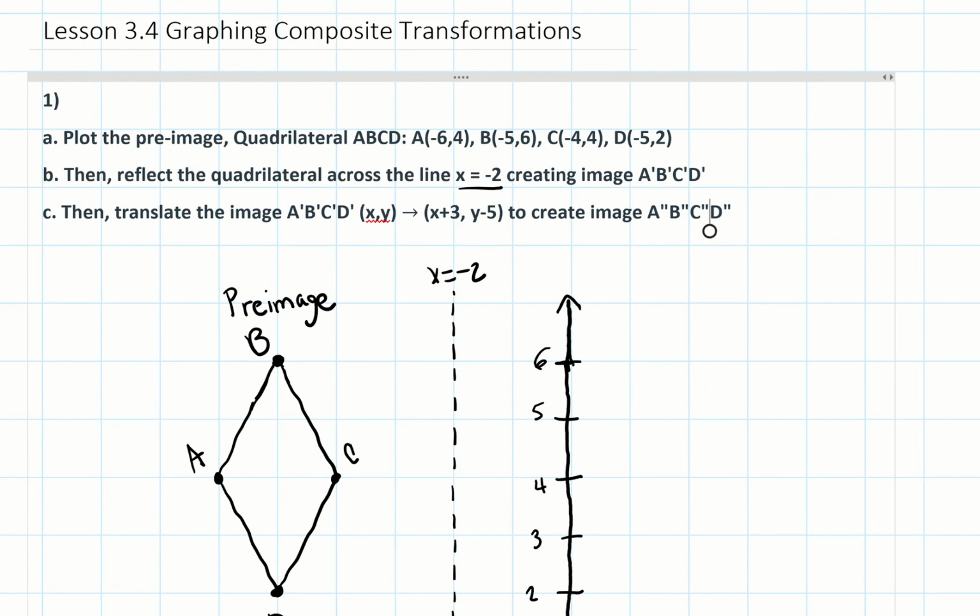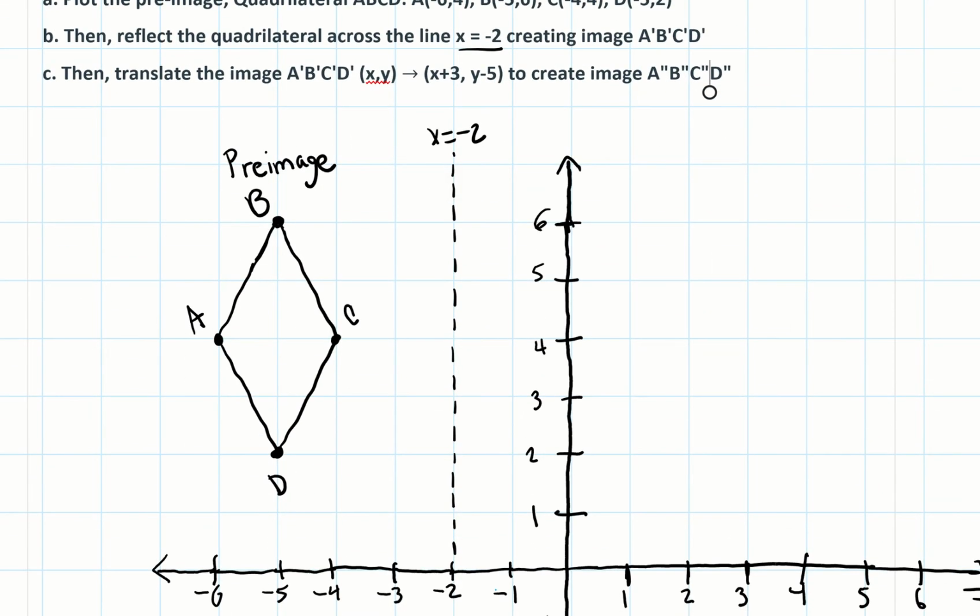When you do that, these distances have to be the same. So this distance, that is 1, 2, that's 3 units away. So it has to be 3 units away on the other side. So right here, this is going to be B prime.